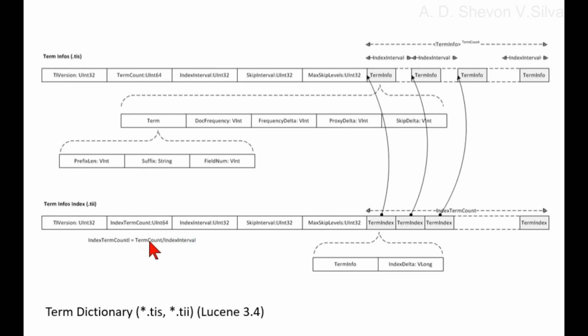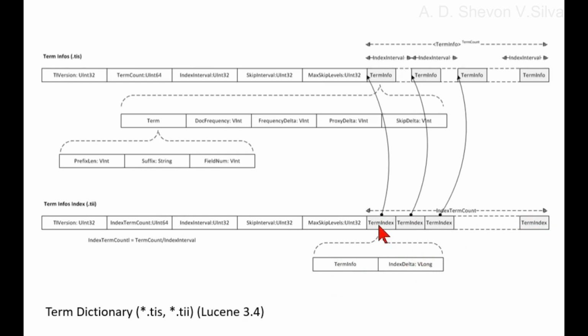Then the index interval, uint32, the skip interval, uint32, max skip levels, uint32, and term indexes, and this is the term index count. Term index consists of term info and index delta, a vlong.